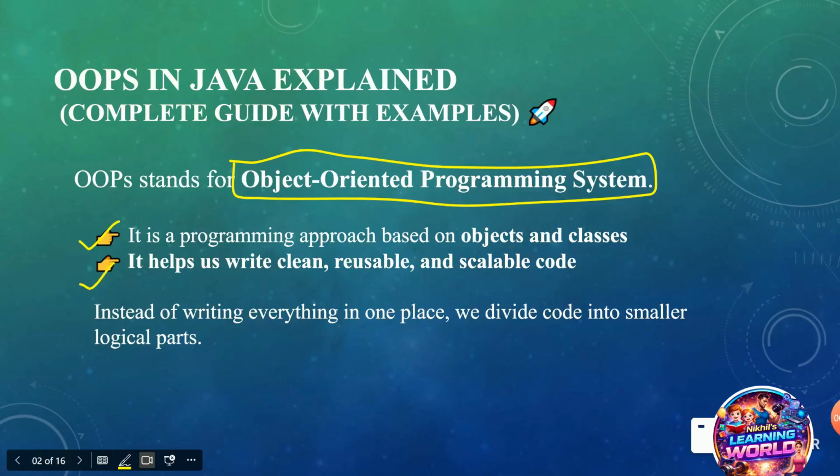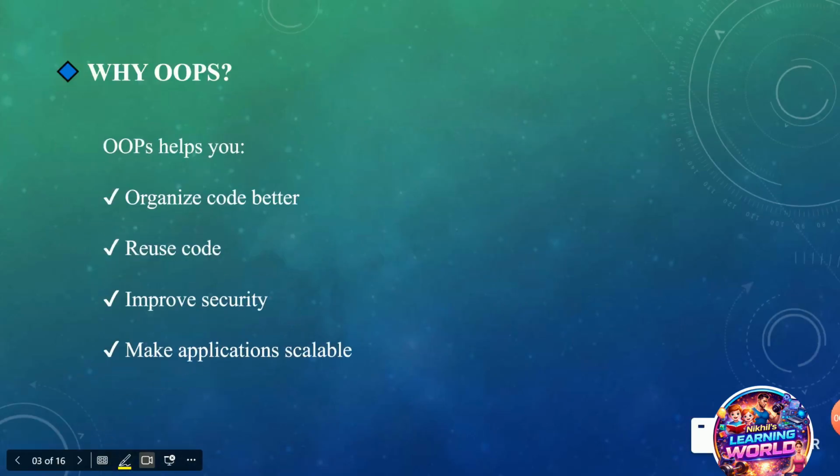Instead of writing everything in one place, we divide the code into smaller logical parts. Why is OOPS needed? OOPS helps us to organize code better, reuse code, improve security, and make applications scalable.